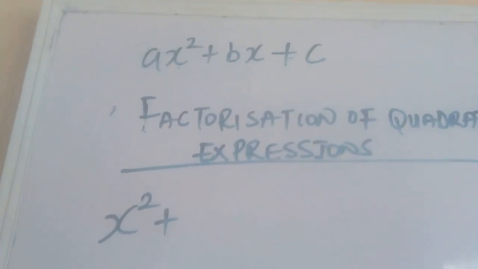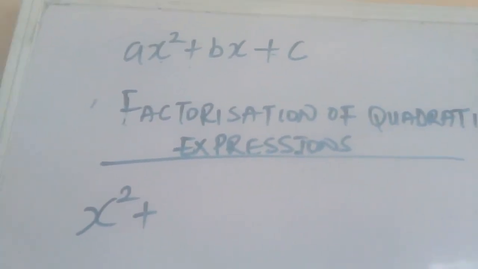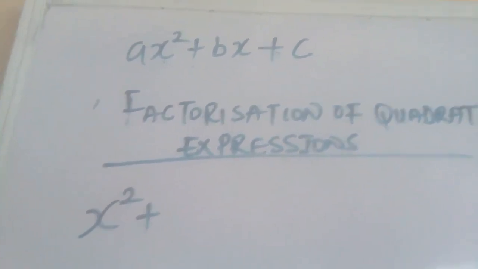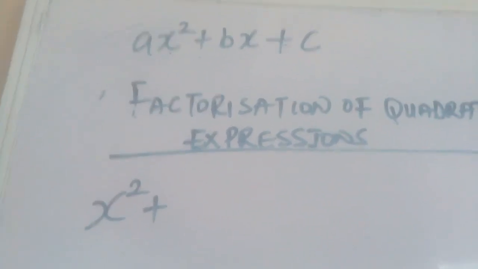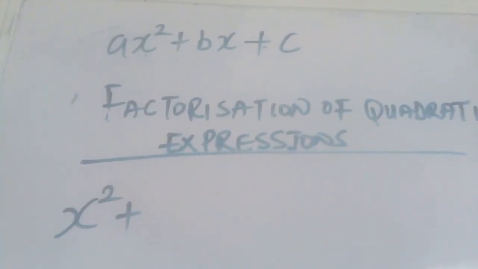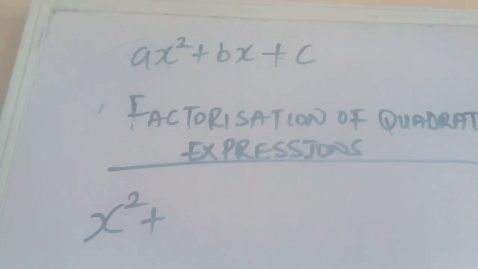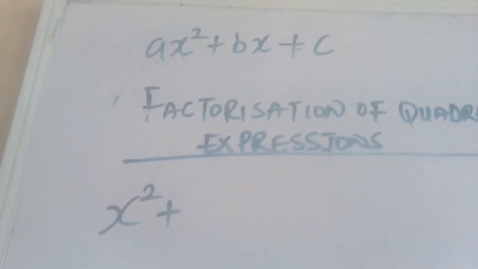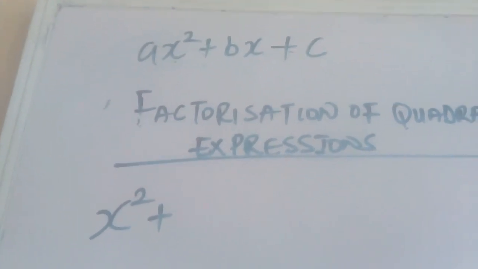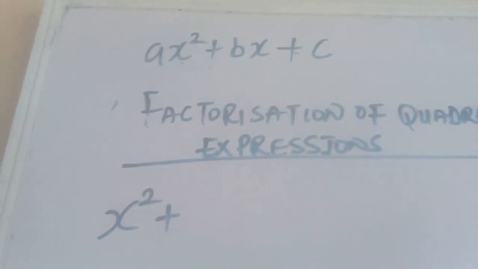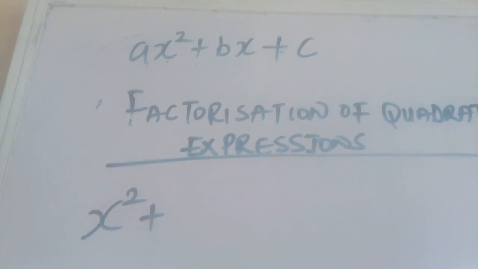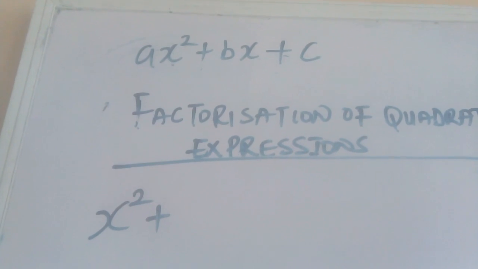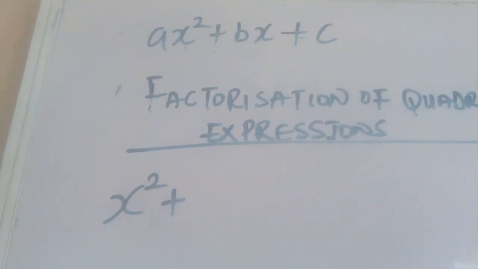Alright, welcome back. As I've said earlier, today we'll be learning how to factorize any quadratic expressions. Now, a quadratic expression is of the form ax squared plus bx plus c, where a is a real number and is the coefficient of x squared. x is a variable, b is the coefficient of x, while c is a constant number.